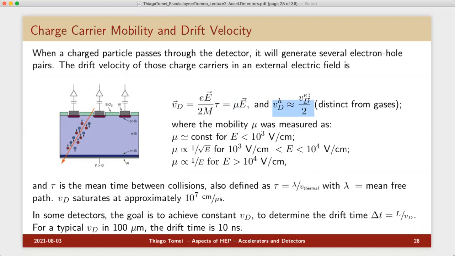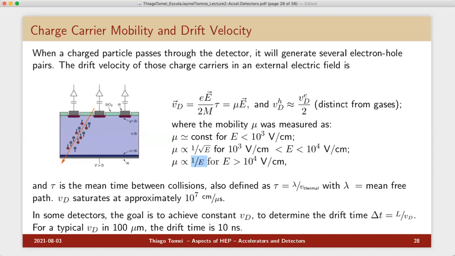It's completely distinct from the gases. And then you have the mobility as a function of energy, as a function of the electric field here, which is either constant, goes with 1 over the square root, or 1 of the field.